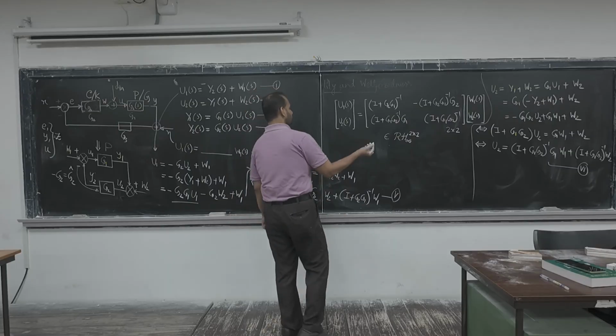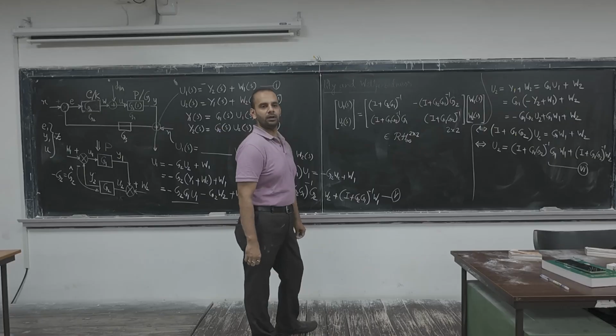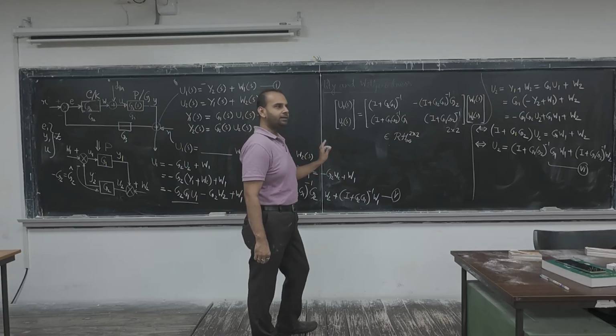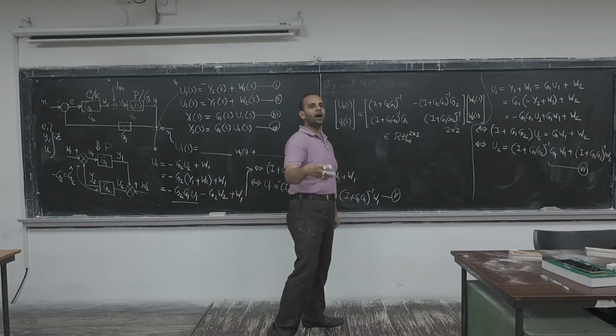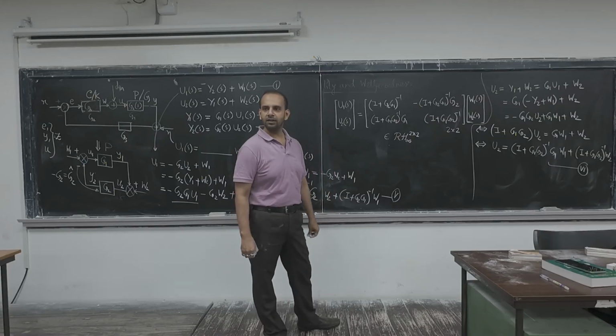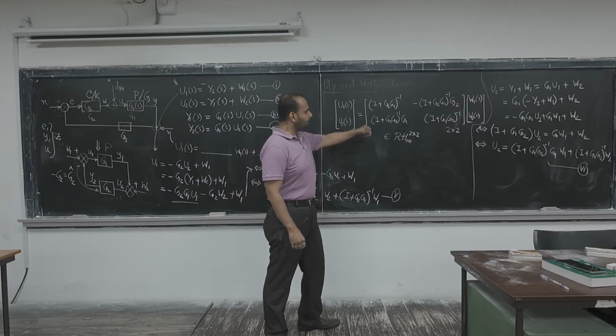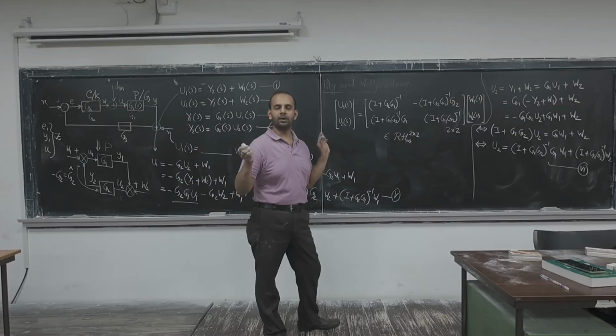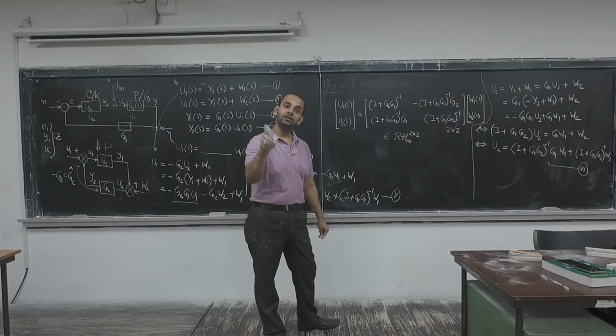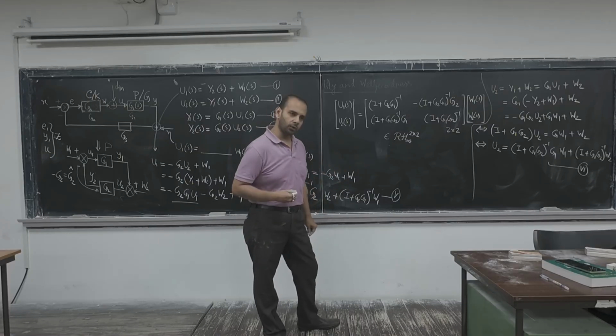Before that, at the beginning I said that we will learn the definition of internal stability. What is the definition of internal stability? This is the checking condition, or it's a lemma. Why checking condition? If somebody asks you how to check whether this interconnection is internally stable or not, then you write this one, fine. But if somebody asks you what is the definition of internal stability, then what would you say?